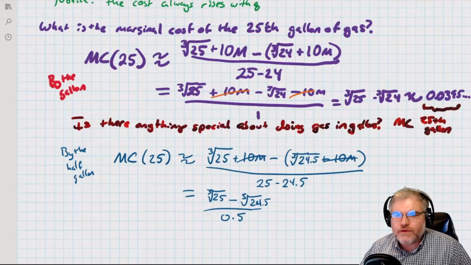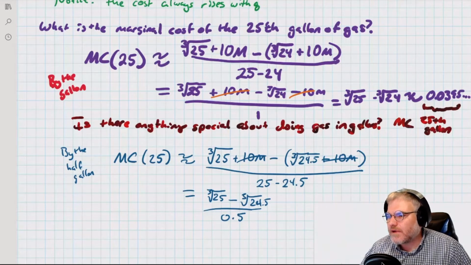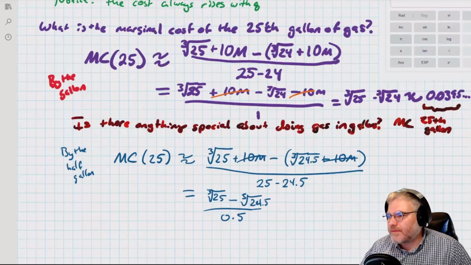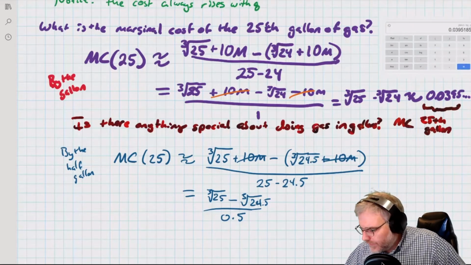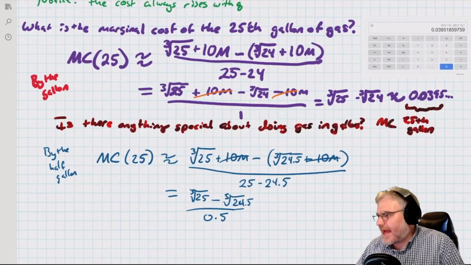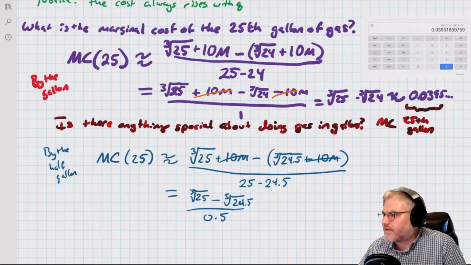Okay, so before my answer was this, let me just paste that answer in there. So this is my answer for up here. I'm not sure if you could see that. Yeah, so that was my answer for that. Now I'm going to do a little change here. I'm going to put a 24.5 here.